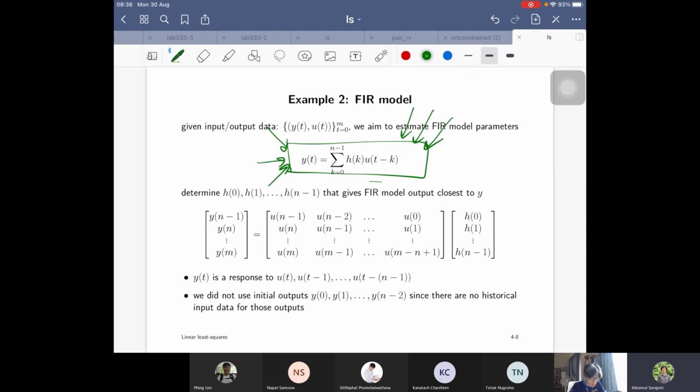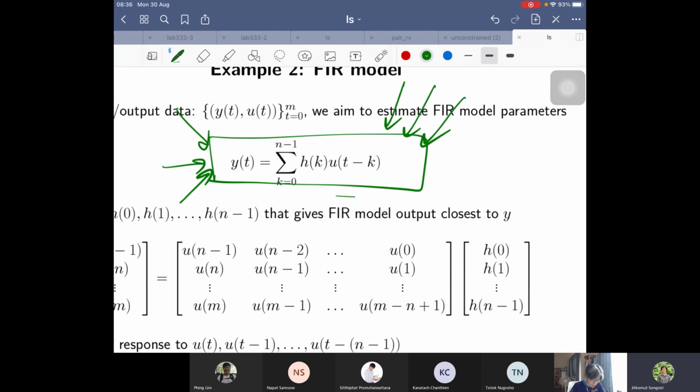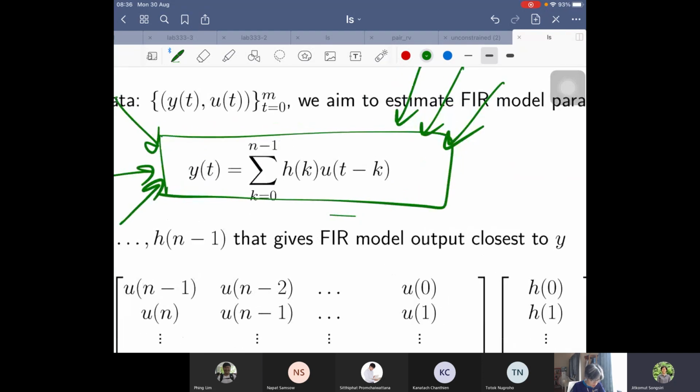But once a model is decided, to recognize whether you can use linear least square, take a look at whether y_t can be parameterized linearly in terms of the parameter to be estimated.